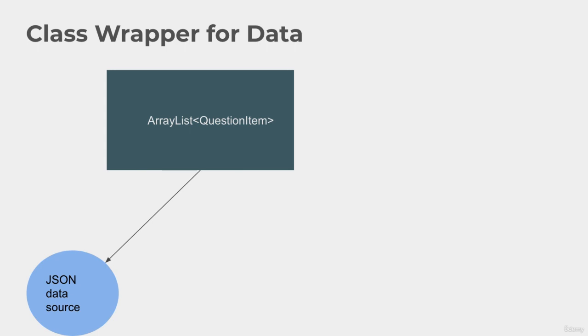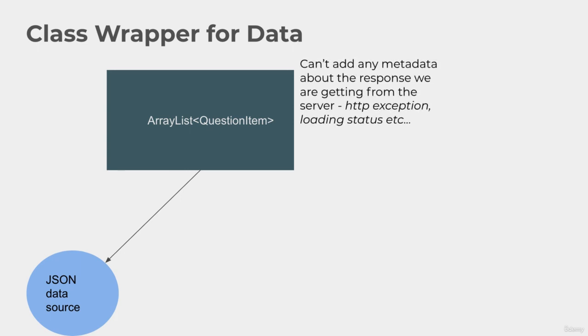One thing we need to think about is whether we can attach a little bit more information to the data that we're receiving. Because at this point, if we just pass an array list containing question items, it's totally fine, it works great. But in this case, we can't add any metadata about the response itself that we're getting from the server.